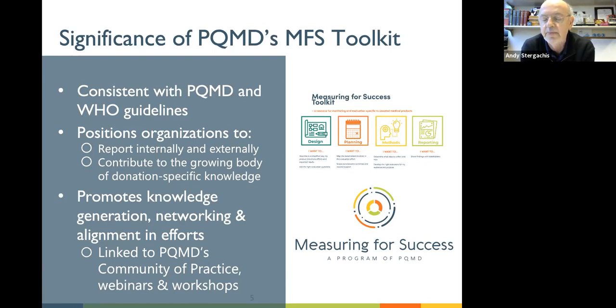Thank you, PQMD leadership, for having that underway. And then this remarkable toolkit, which allows users to navigate to where their greatest need is for additional information and training.